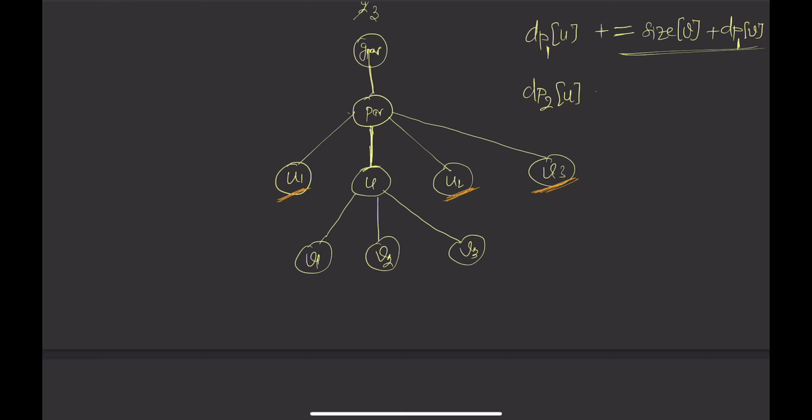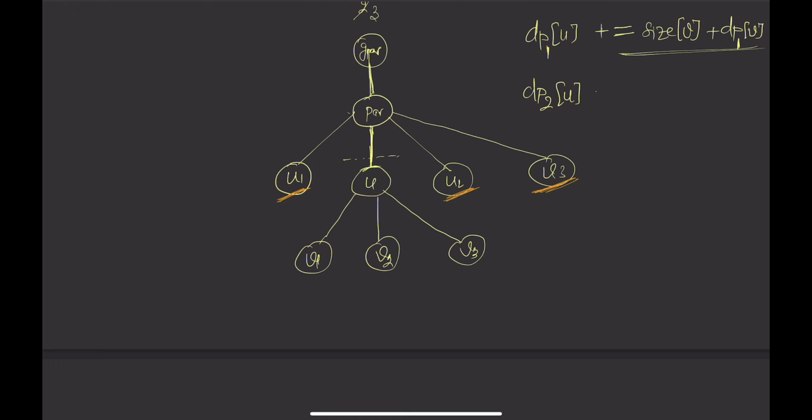It is only the answer I'm getting from this upper subtree. If I already know dp2 of the parent, how much will that increase?